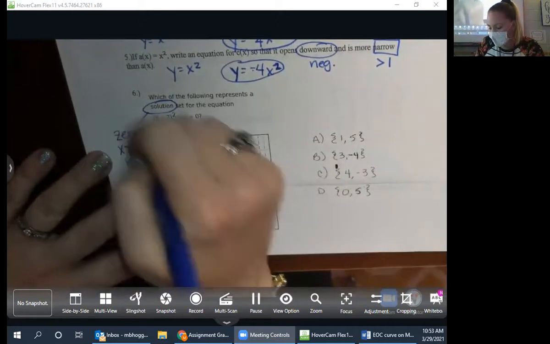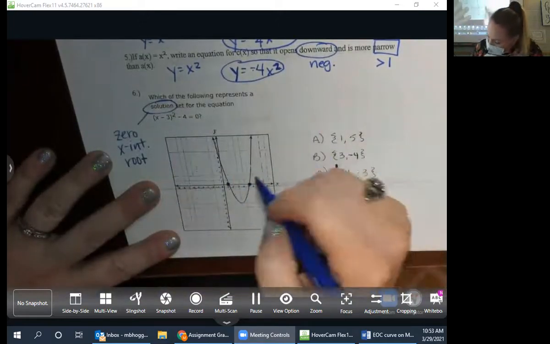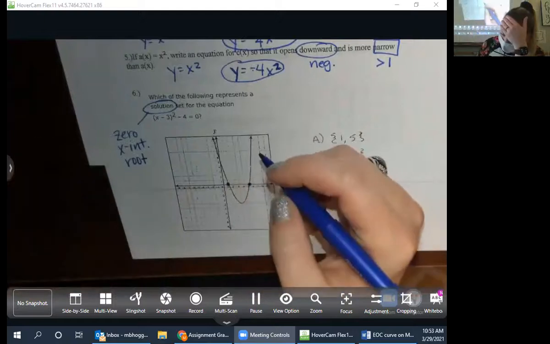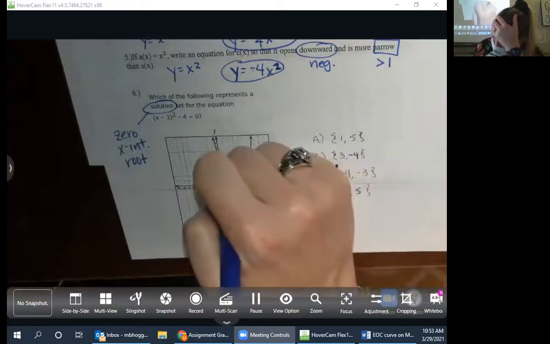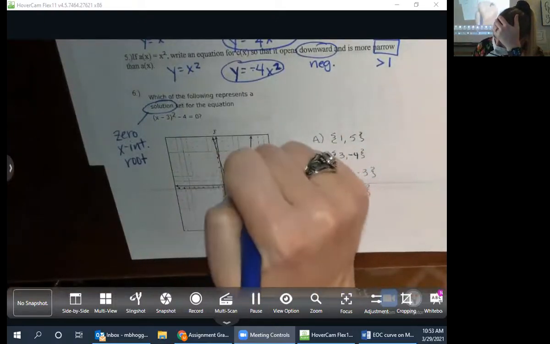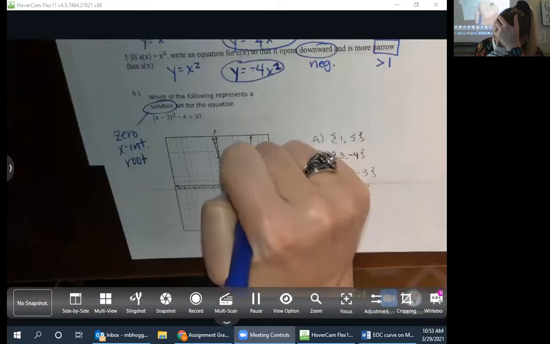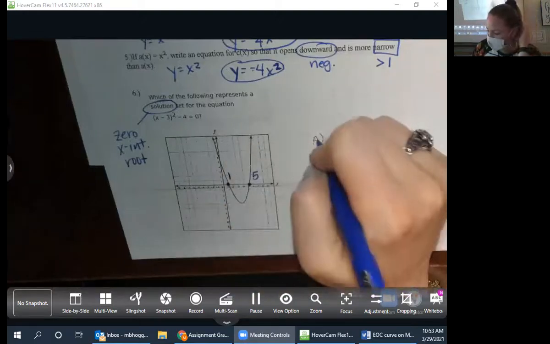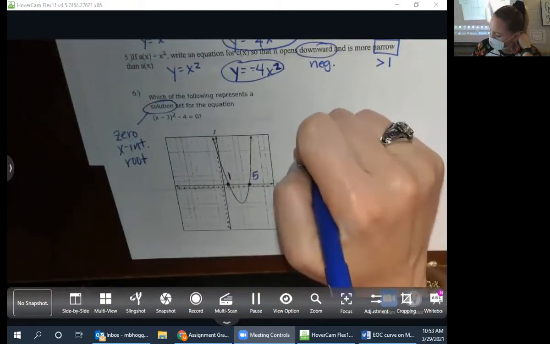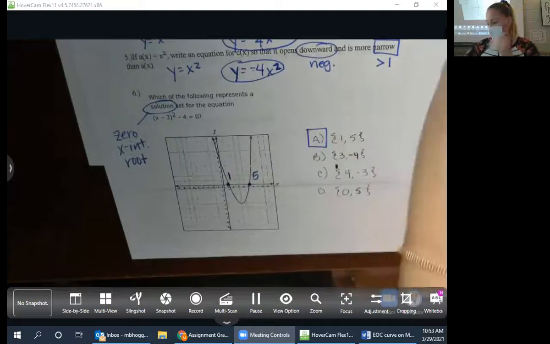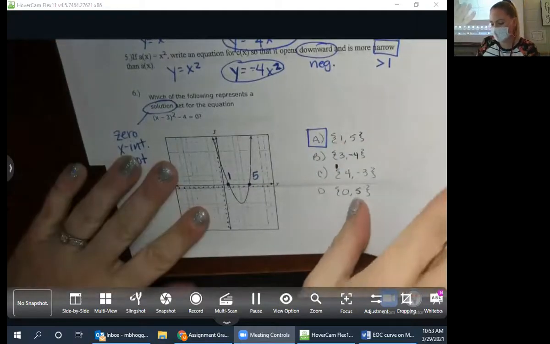Those are all synonymous words. So where are the x-intercepts on this graph? 1 and 5. Good. So what's your answer, Caleb? A. Good. All right, let's go to the next page.